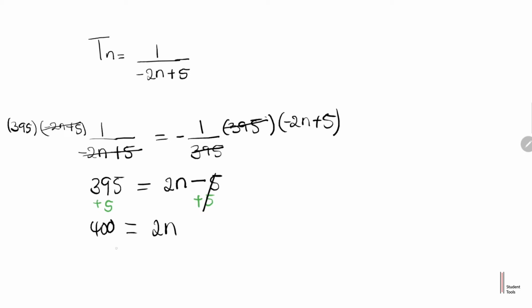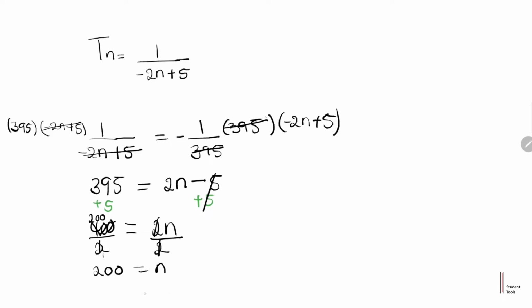So we'll have to divide by 2 both sides to make n the subject. So this will be 1 and this will be 1. Such that here 2 divided by 2 is 1, and 4 divided by 2, that's going to be a 2, and they cancel these zeros, which means we have 200, and n is equal to a 200.